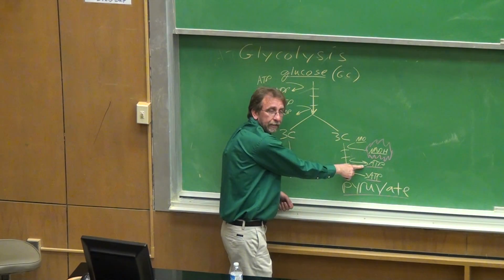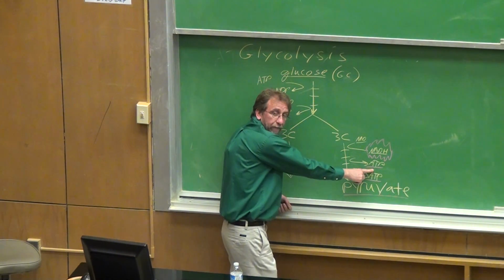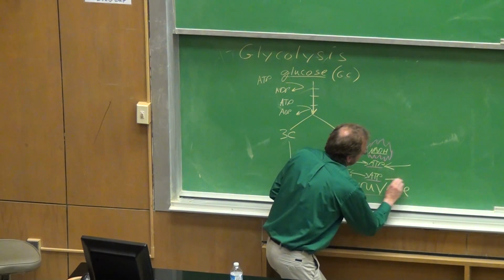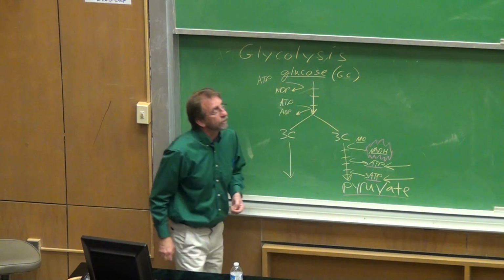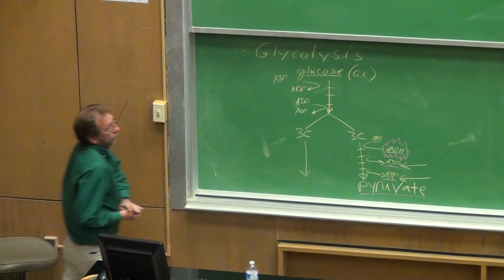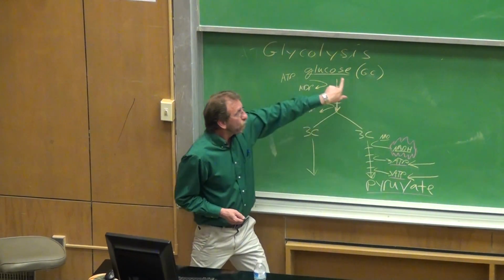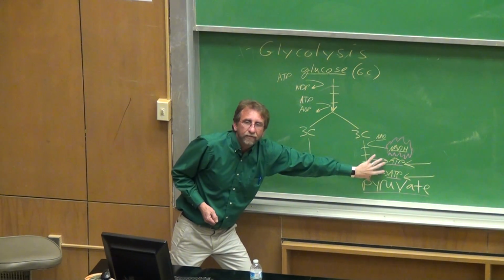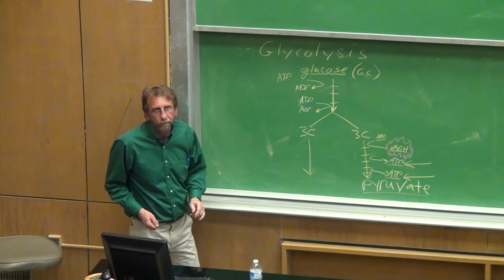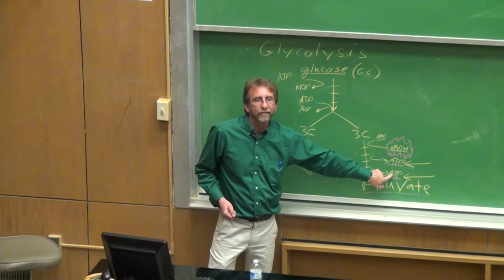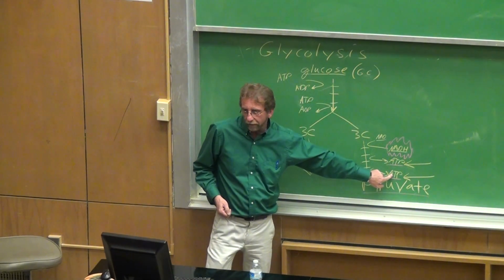In this case, that energy is captured in the formation of ATP. This ATP molecule and this ATP molecule are generated by substrate level phosphorylation. They've been generated directly from the breakdown of the glucose molecule. So this is substrate level phosphorylation going on right here, just in that little section under the 3-carbon substrate. These 2 ATP have been generated by substrate level phosphorylation.